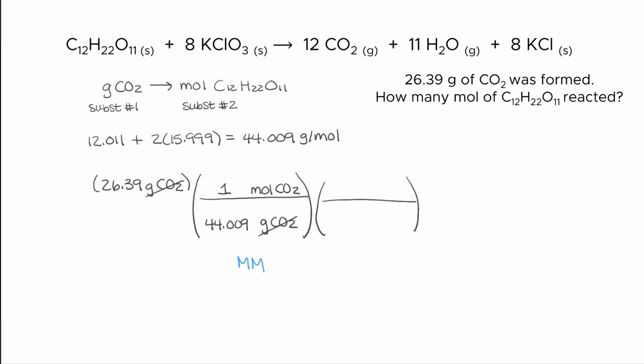And then for our stoich step, since moles of CO2 is already in the numerator, we'll need moles of CO2 in the stoich denominator, which gives moles of sucrose in the numerator.